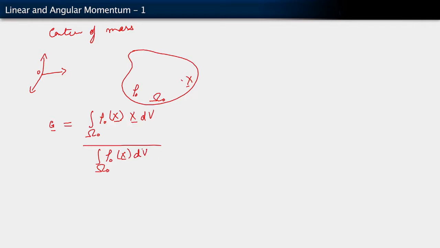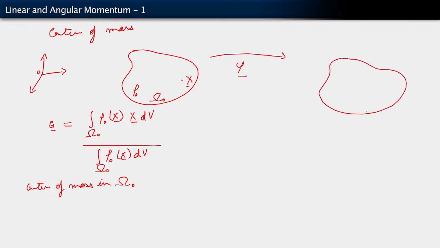So this is the center of mass in the reference configuration, the center of mass in omega naught. And really you should read that as the center of mass of the body when the body occupies the configuration omega naught. When the body goes to a different configuration, omega sub t, it has density and it has a position little x.